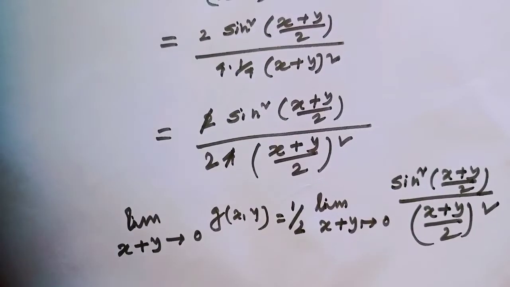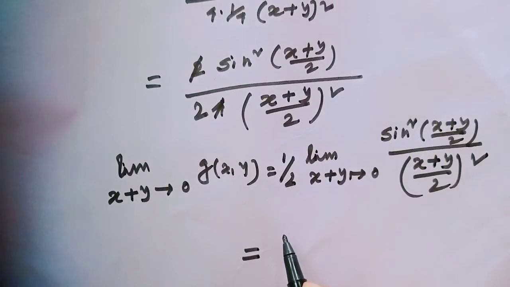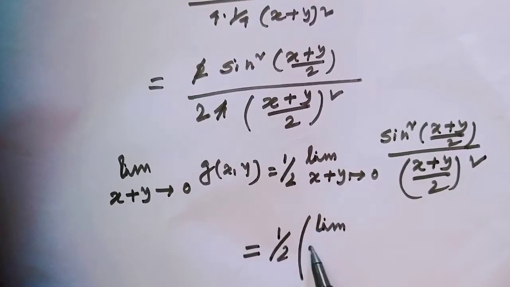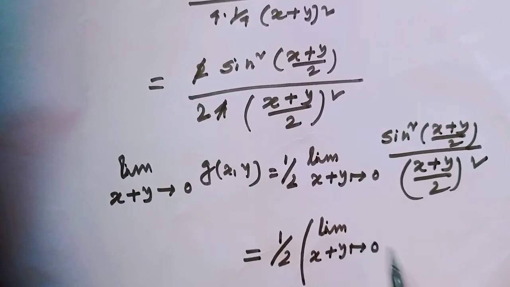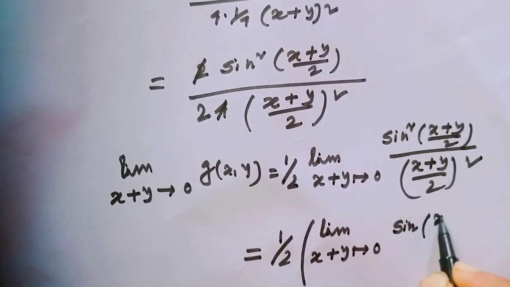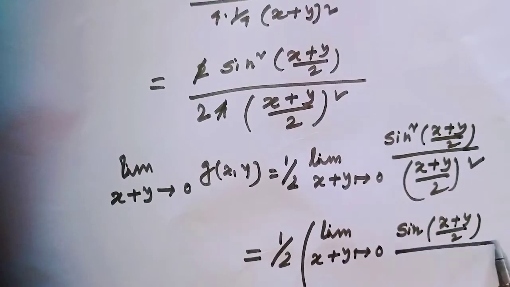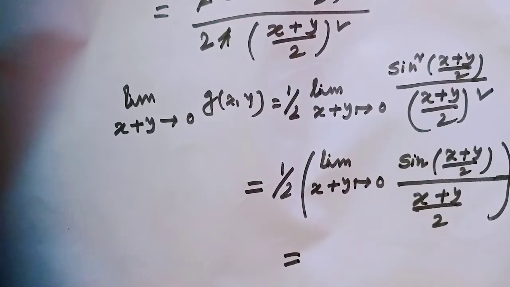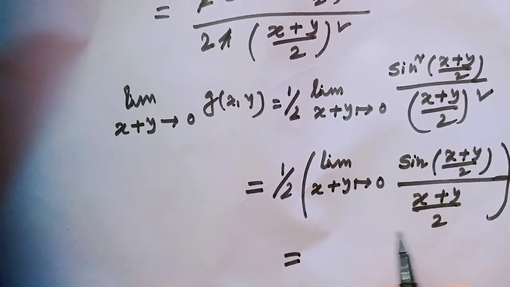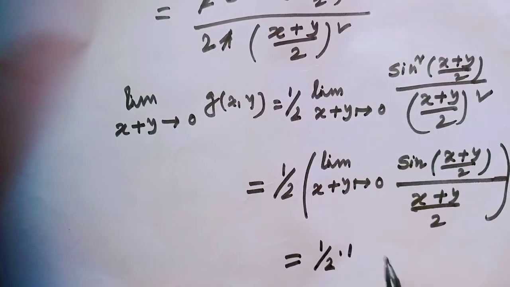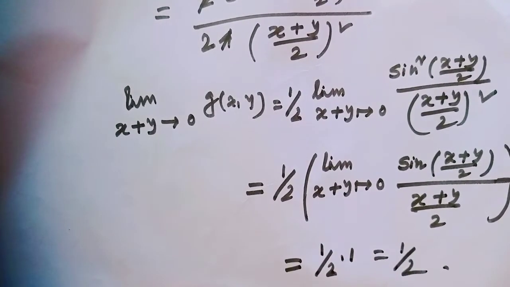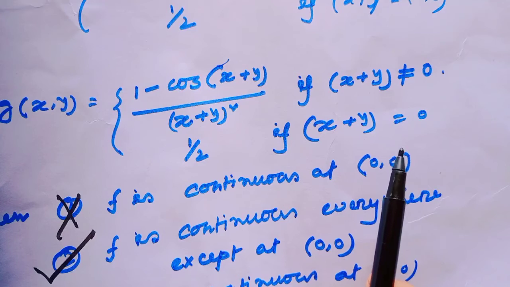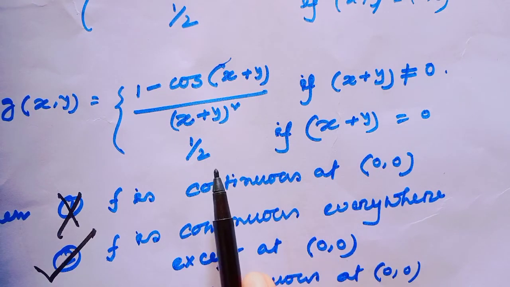This we can also write as half times the limit as x plus y tends to 0 of (sin (x plus y over 2) over (x plus y over 2)) whole square. And if we calculate the limit, we all know this value equals half times 1, which is equal to half. And in the question it is indicated that when x plus y equals 0, the value of g(x,y) equals half.